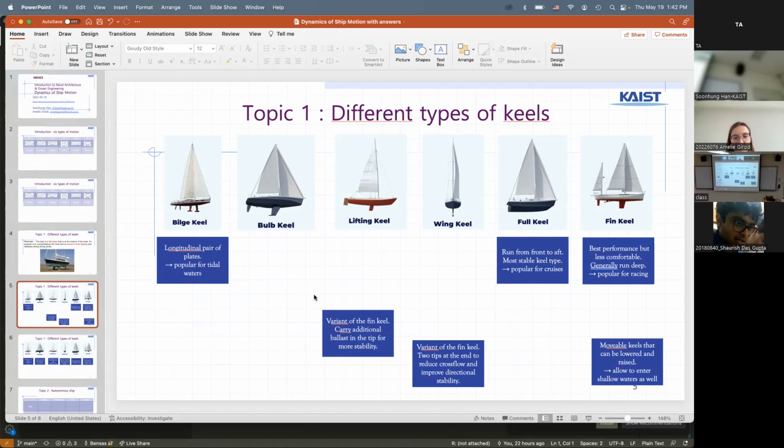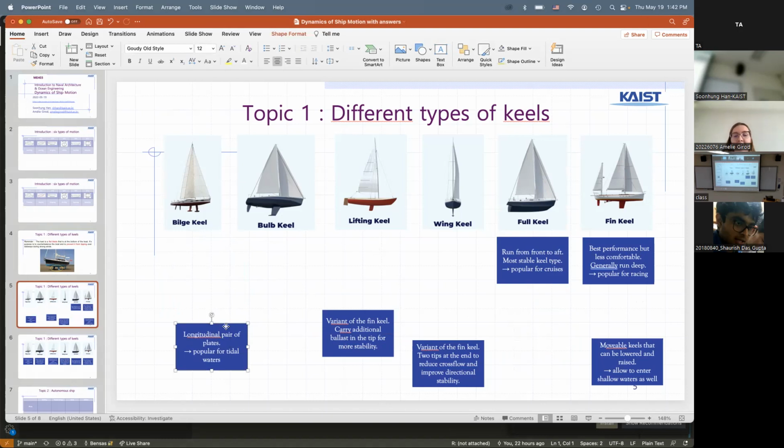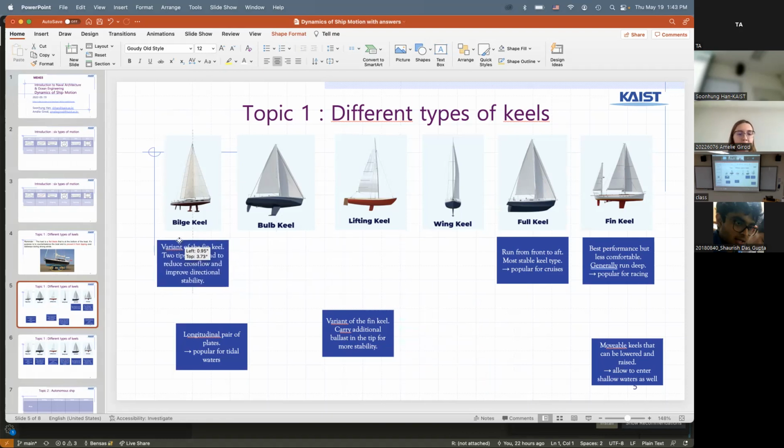The third description is the bulb keel. I think that's what he said. Okay, I'm sorry, I have trouble understanding. So the third description, the variant of fin keel that carries additional ballast in the tip. It's the bulb keel. Oh, okay, thank you. The one with ballast in the tip.